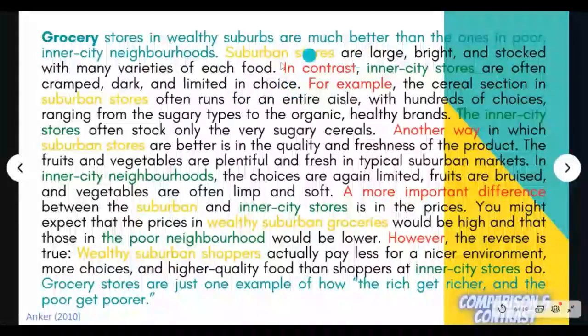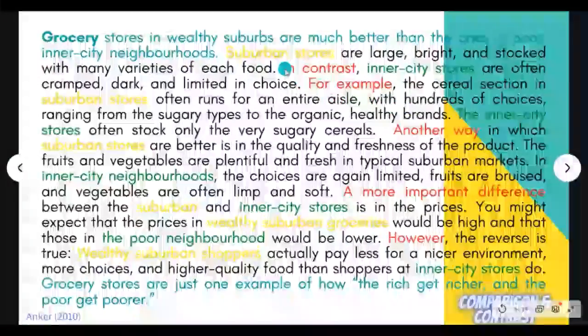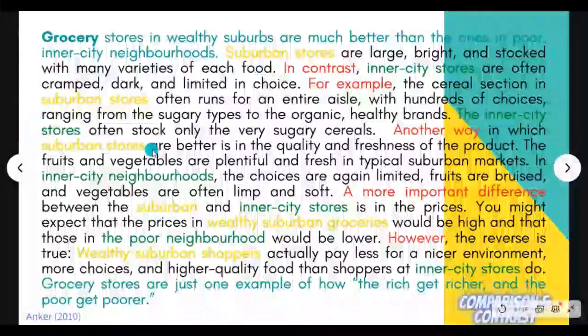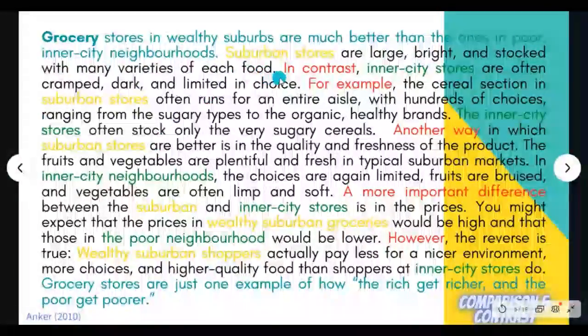So here I mark the conjunction in red. So in contrast, for example, is an example of transition signals or conjunctions. This is to glue 2 parts, so the sentences will be well connected.